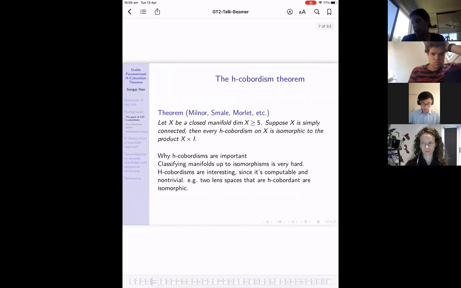There are cases where it is even more subtle than the characteristic classes. For example, there are fake lens spaces that are h-cobordant to the lens space, but they have the same stable Stiefel-Whitney class or Pontryagin class as the classical lens space.